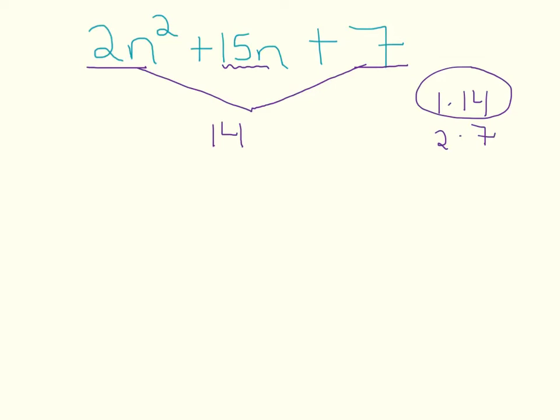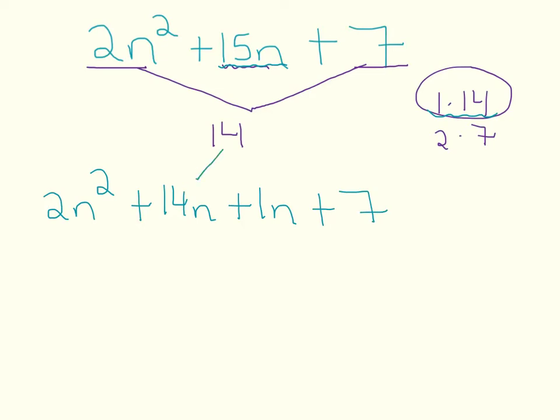So now I'm going to rewrite this trinomial, but I'm going to break apart this middle term, 15n, into my two factors. So plus 14n plus 1n plus 7.